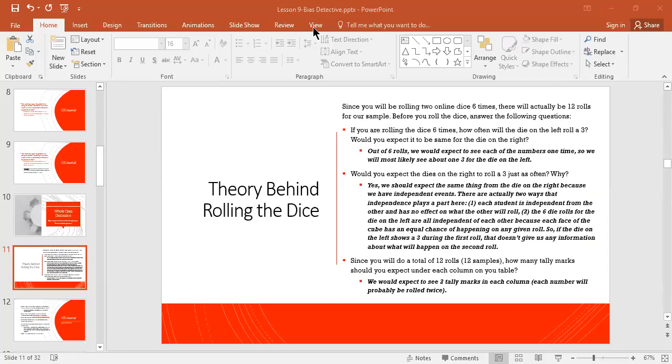So before we roll the dice, let's talk about the following questions. If you were rolling the dice 6 times, how often would you expect the die on the left to roll a 3? 2.